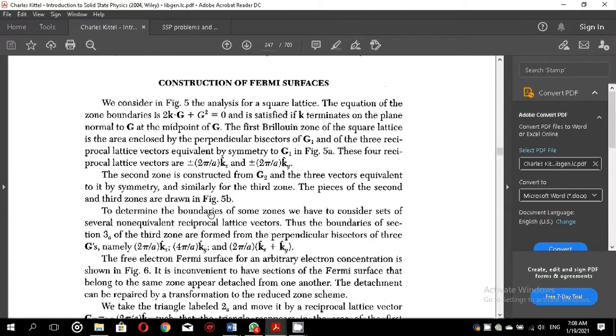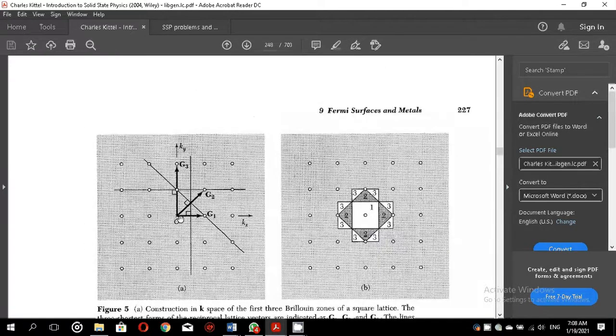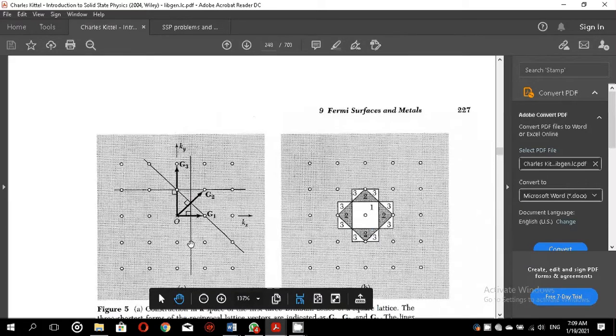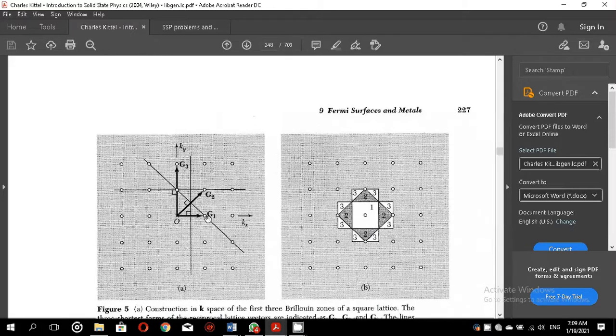So for the first zone we use the nearest neighbors, for example this point being the central reciprocal point, and this is the shortest reciprocal lattice vector connected to the immediate neighbors. So these are the nearest neighbors, this one, this one, this one, and similarly this one, and they correspond to the reciprocal lattice vectors like G1.